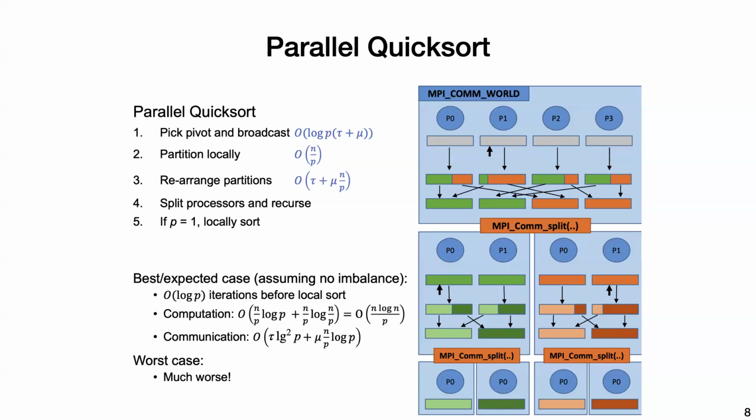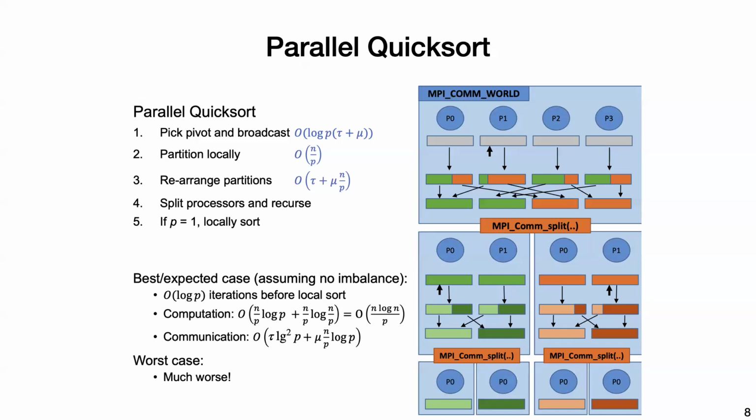So in expectation, assuming that you pick the pivot totally correctly, the height of the recursion is log p. For the computation time, the local sorting is n over p log n over p. We just had that also in bitonic sort: you just sort on one processor.